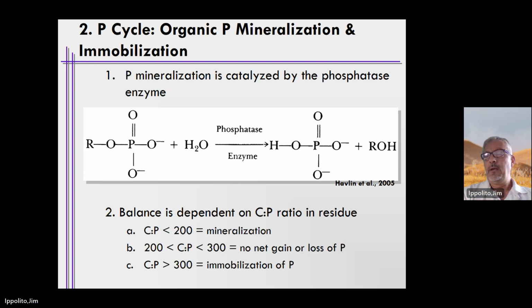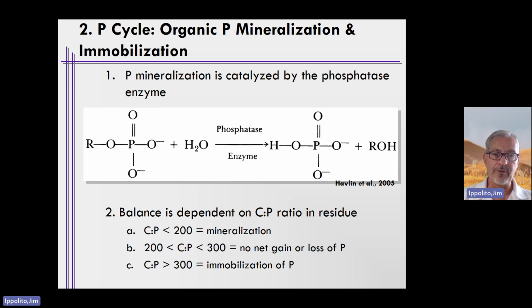It's not on this slide, but the reaction can go from right to left, and that would be immobilization. Immobilization occurs when microorganisms feel a phosphorus deficiency, and when their populations are exploding because perhaps you added an energy source in the form of carbon or an amendment that did not contain a lot of phosphorus.